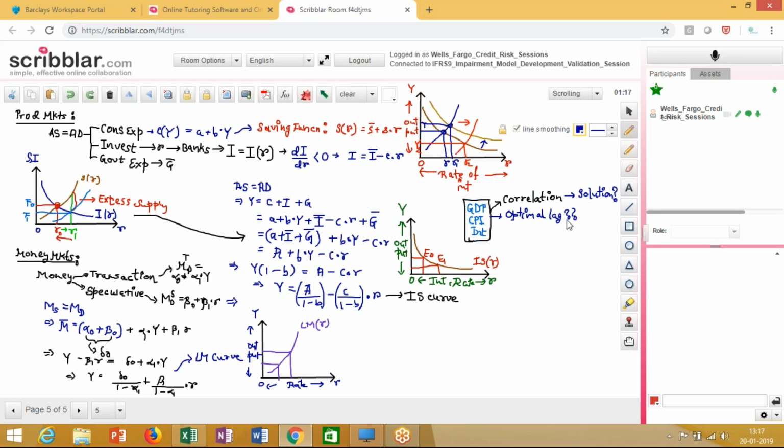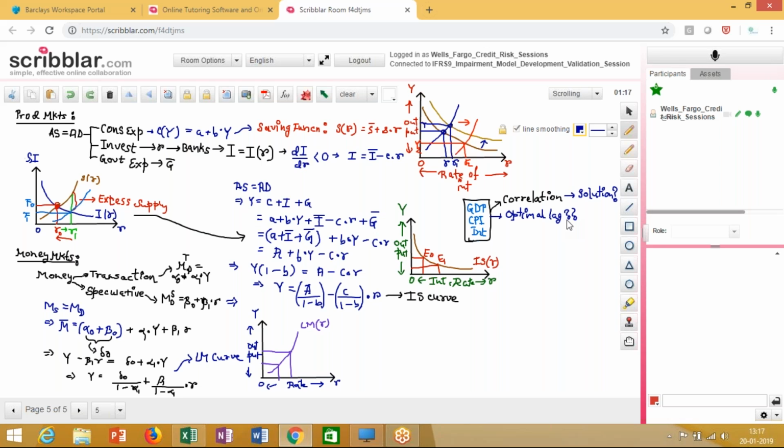Now, another very big challenge in developing this model is that when you develop the logistic regression model and your behavior PD model, you try to develop it such that there is no autocorrelation. But autocorrelation, or serial correlation, is the essence of macroeconomic variables.